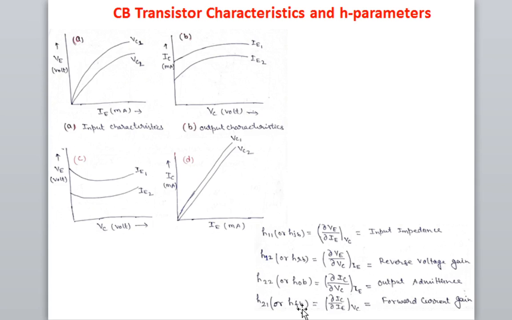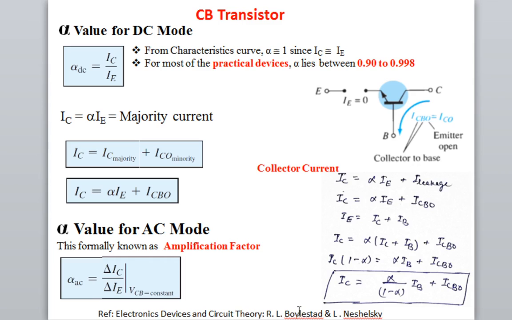This is also sometimes called alpha. It is simply called the amplification factor, alpha. For a DC signal, if you have not applied any AC part, then simply the ratio of collector current and emitter current is called alpha DC or simply alpha. And this is a very important parameter.